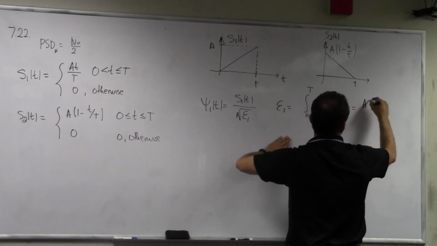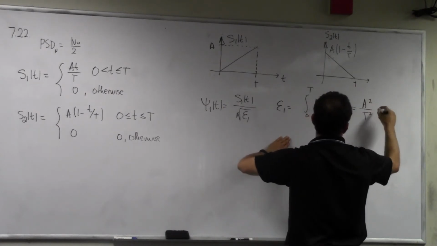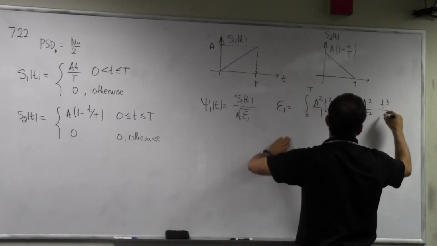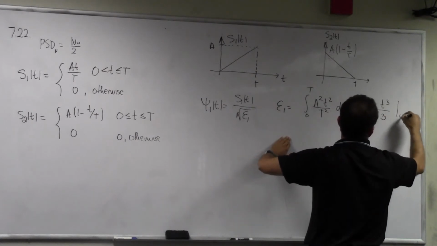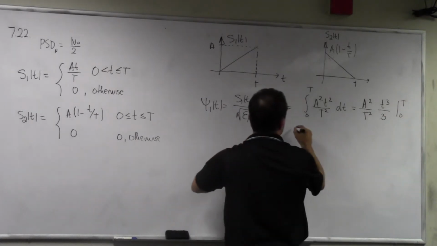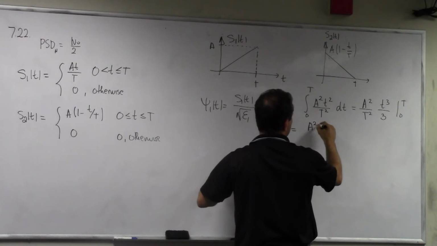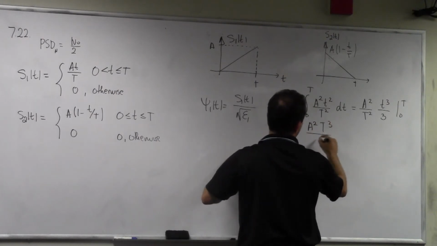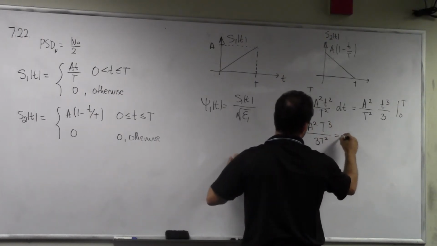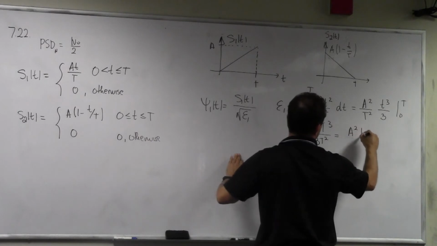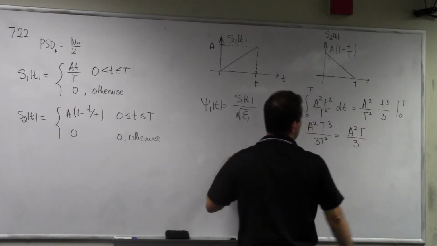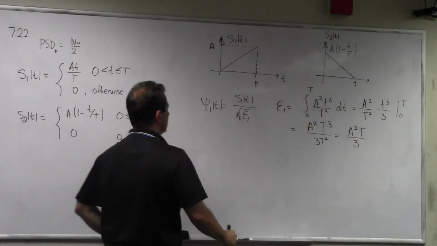So this is A squared over T squared, t cubed over 3 from 0 to T. So it's A squared T over 3, if I did everything correctly.